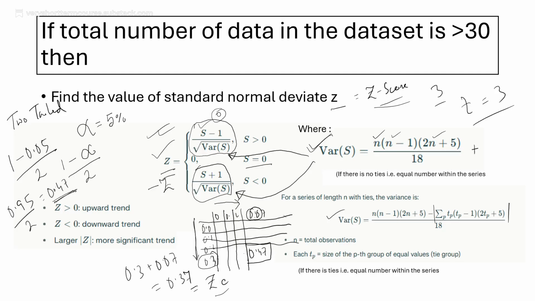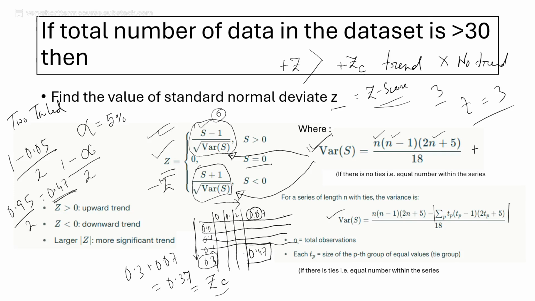So if you have a positive Z score calculated for your data and a positive critical Z, then your positive Z must be greater than the critical Z. Then there is a trend. If not, no trend. Correct?